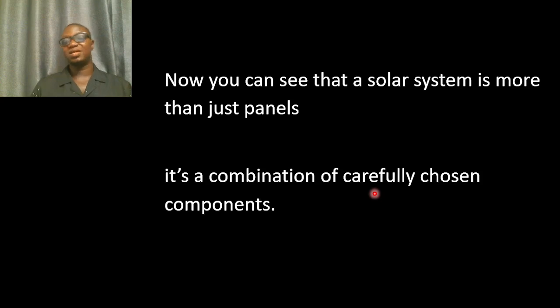By next class, we'll be looking at how to size solar panels, or we'll be looking at basic wiring of a solar system before we go on to how to size everything, because we talked about sizing of panels, batteries, inverters, even the wires, the breaker, and every other thing.